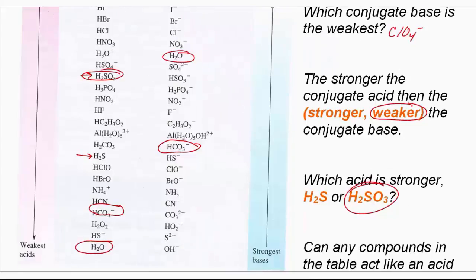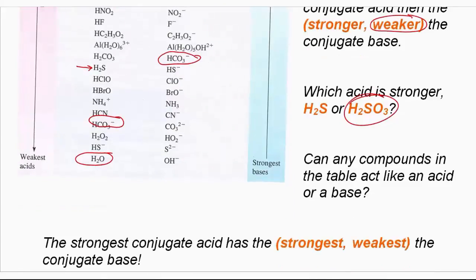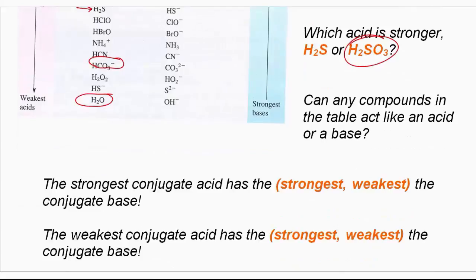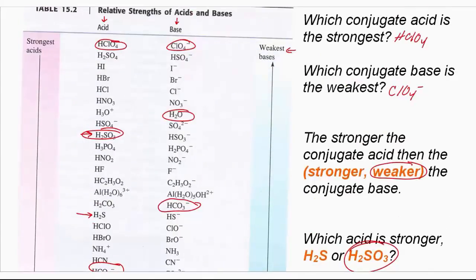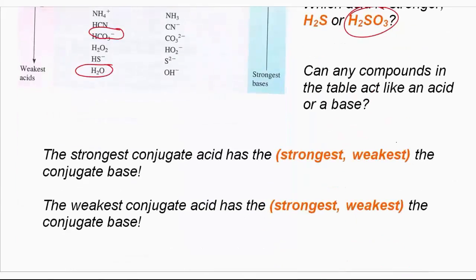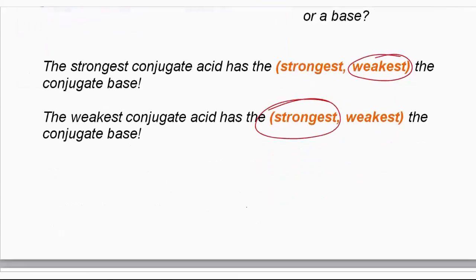There might be a few others, but that's the idea. The strongest conjugate acid has the weakest conjugate base. The weakest conjugate acid has the strongest conjugate base.